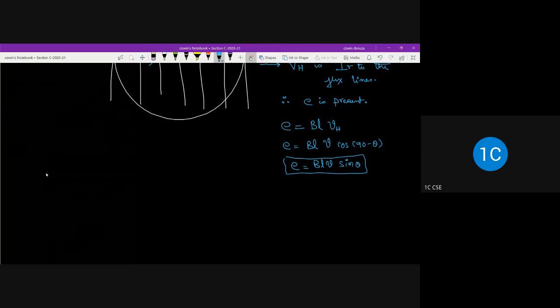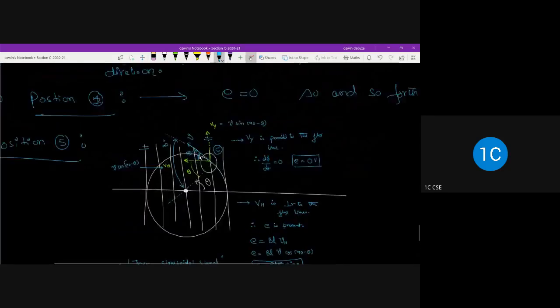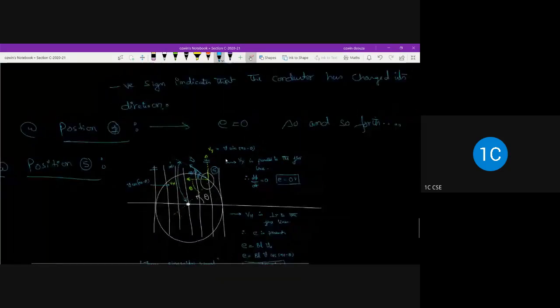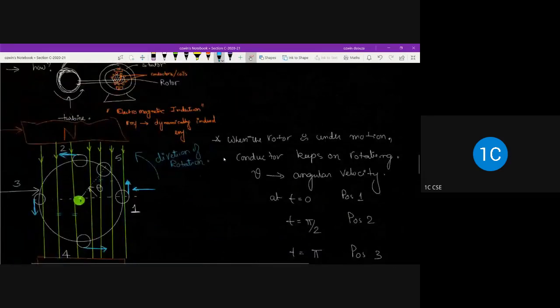Basically, the movement of the conductor in a circular path traces a sinusoidal signal. In the sense, it follows the sine law. So this is how the AC voltage is going to get developed whenever a circular rotor moves in a constant magnetic field, or vice versa.